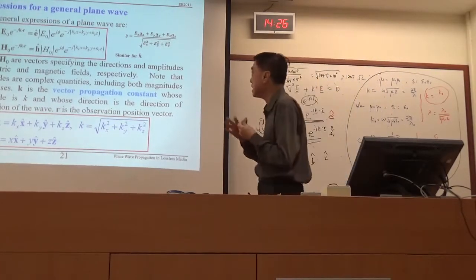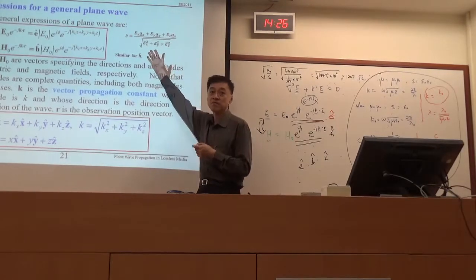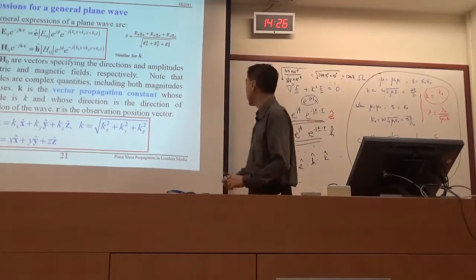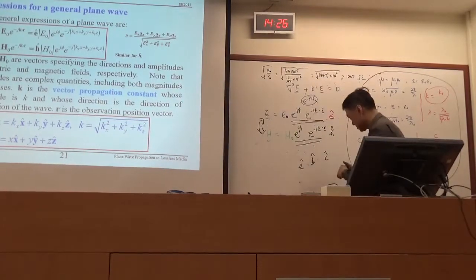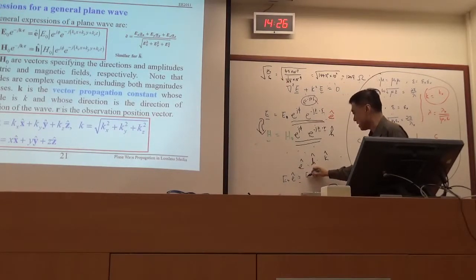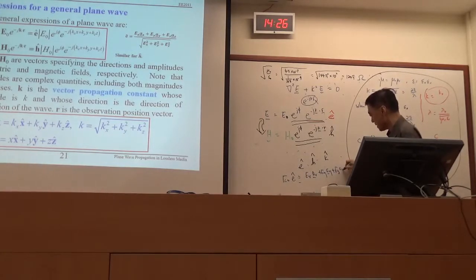Now, how to find E? This is how you find E. If you want to break it into the three components, you can write E naught E as Ex ax plus Ey ay plus Ez az.